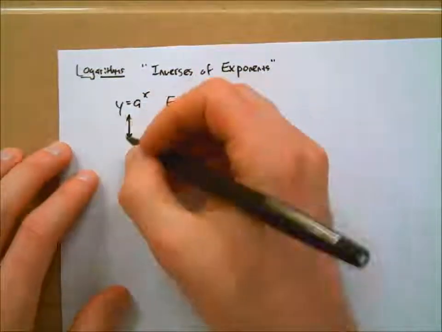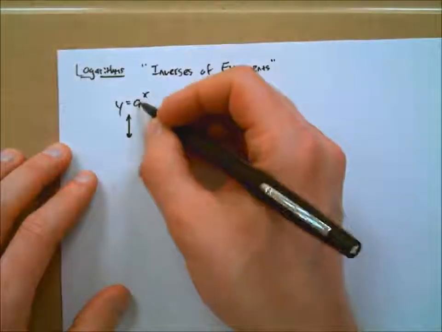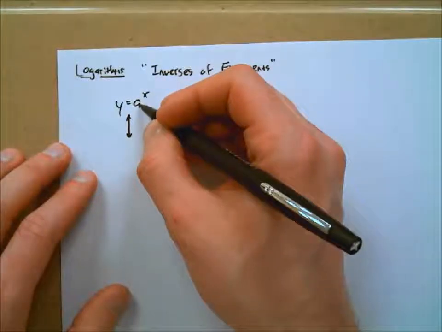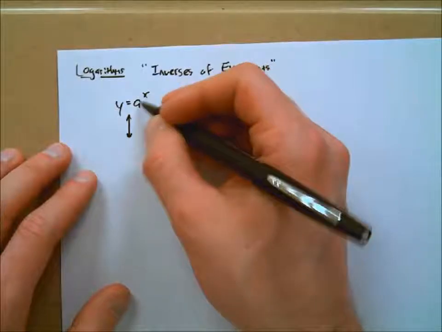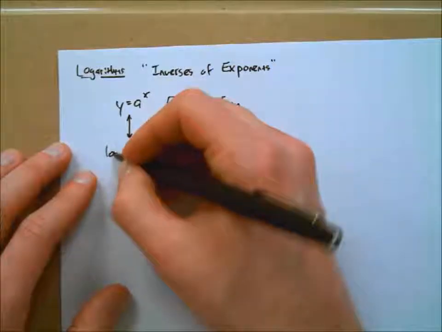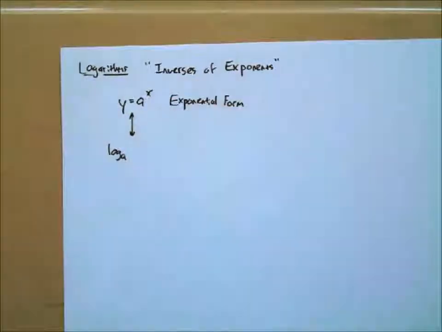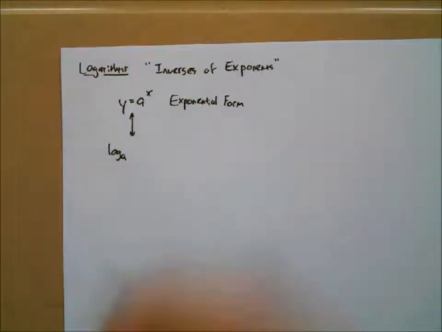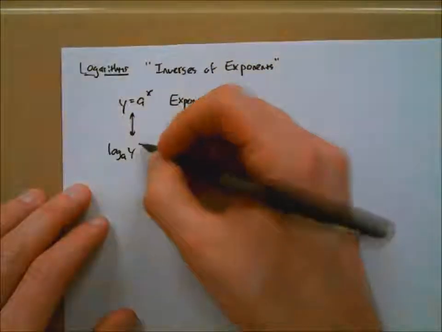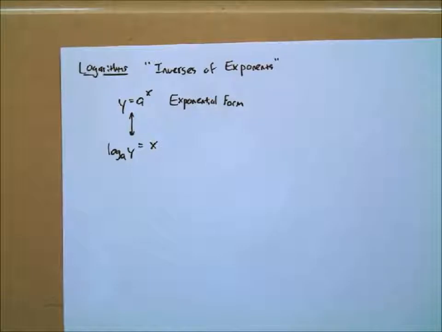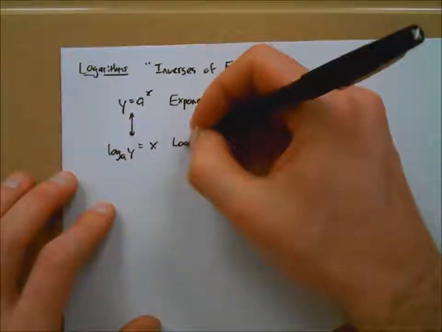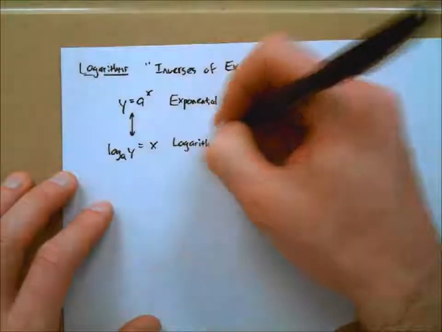All right, and so the base of our exponent, so this is a, base is a, the power is x. The base becomes the base of our logarithm. So it's log base a of y equals x.